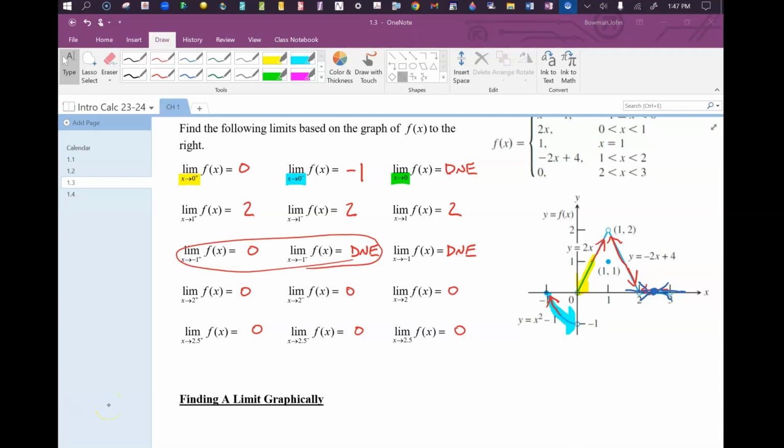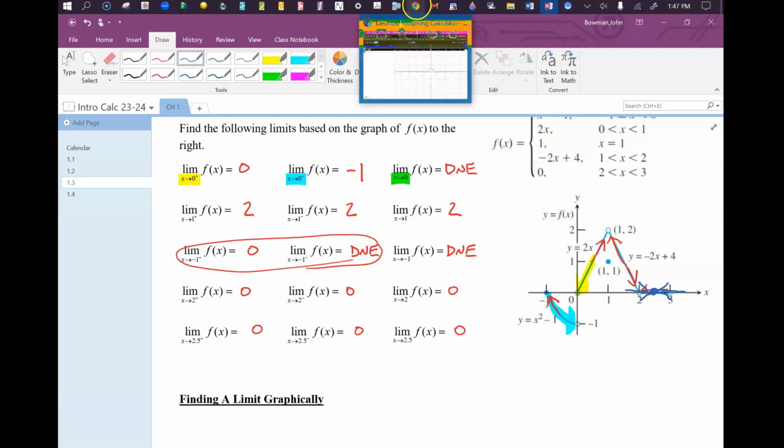In the next part of this activity, you're going to work on Desmos and find some limits graphically, which I think is one of the easier ways to do it. So we'll start with the first one. The limit as x approaches 0 of sine of ax over ax, where a is a positive integer.